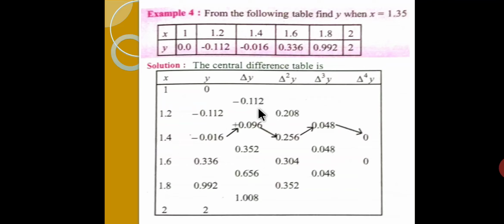So their first difference values are minus 0.112, 0.096, 0.352, 0.656, 1.08.